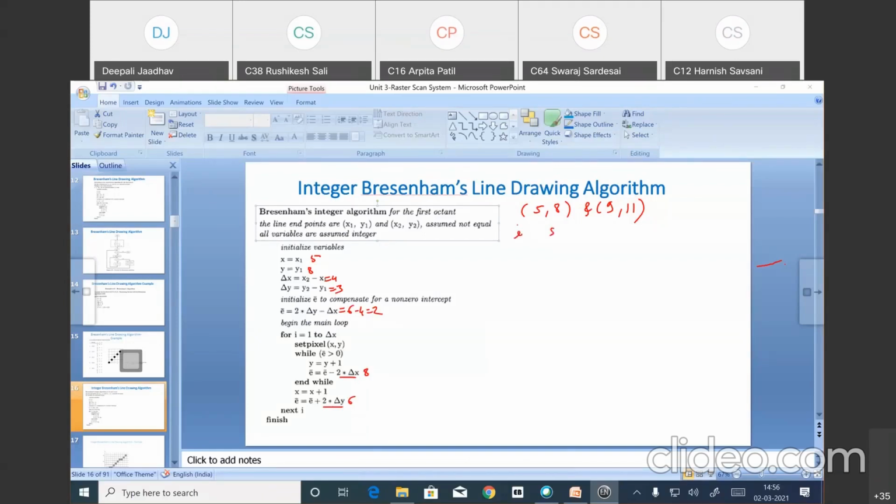Now we begin: e is 2, the initial value of x is 5, and the initial value of y is 8. Now start with the main loop. i is equal to 1. Then set pixel x comma y, 5 comma 8.